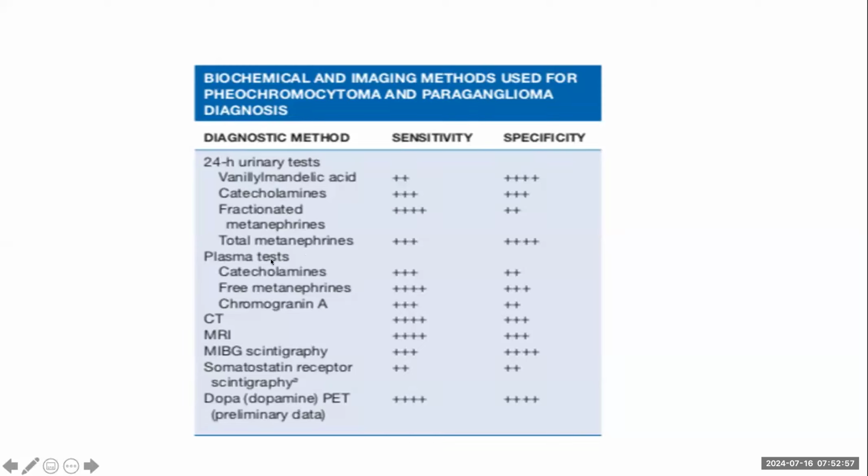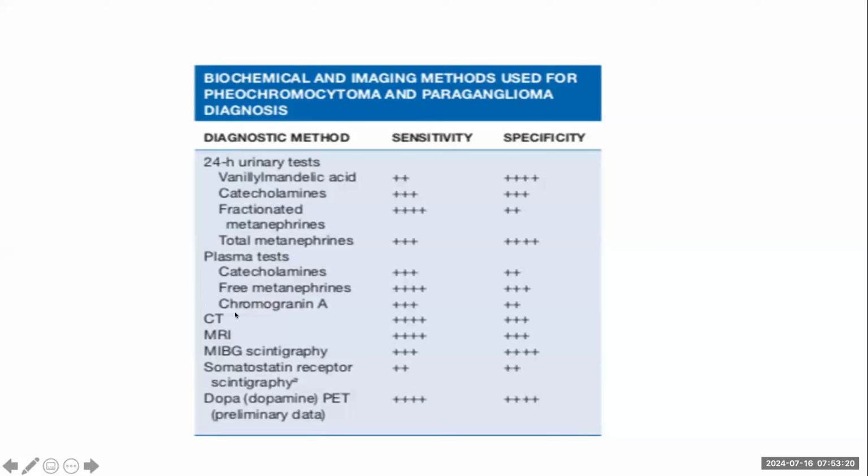Okay, the plasma test, we have the catecholamine, which is sensitive but not as specific. Then we have the free metanephrine, which is more sensitive and also more specific. We have other tests like the chromogranin A, which has the same sensitivity and specificity profile as the catecholamines.